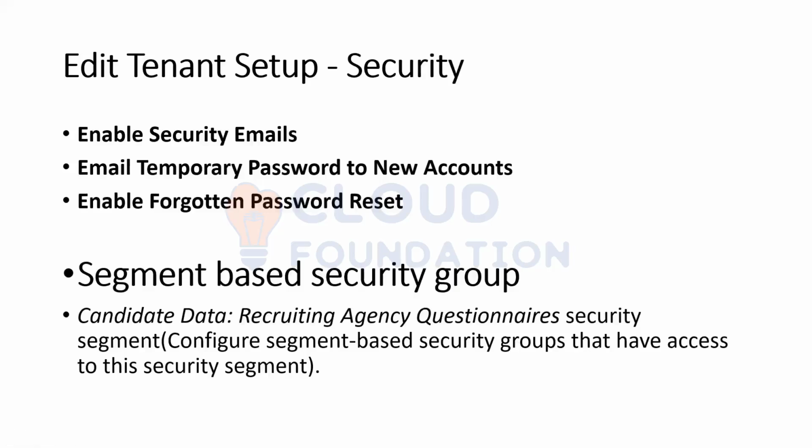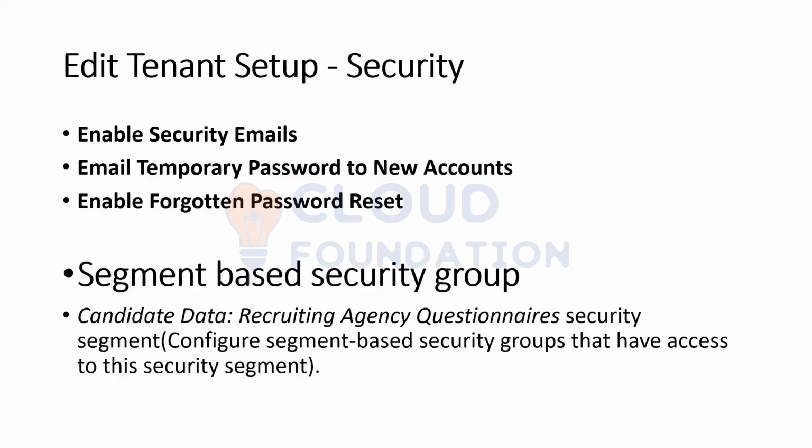So if we want the recruiters or managers or any other security group to be given access to see the responses to the questionnaires which agencies have asked from their candidates through the business process submit candidate, then we can give access to any existing security group in the organization using this domain.